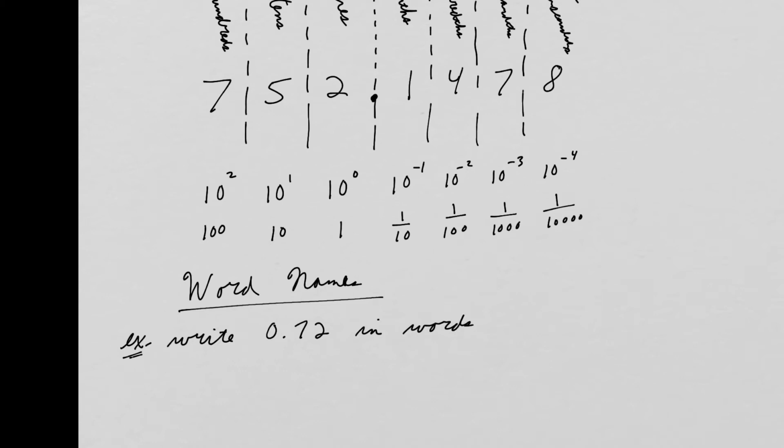Since the 72 is to the right of the decimal point, the way I write this is I write down that entire number, so this will be 72, and then I give the place of where the rightmost digit is. I need the place where the 2 is, and we know in this case it's in the hundredths place. So this would be 72 hundredths. So I write down the entire number, and then I give the place of the last digit, the rightmost digit.